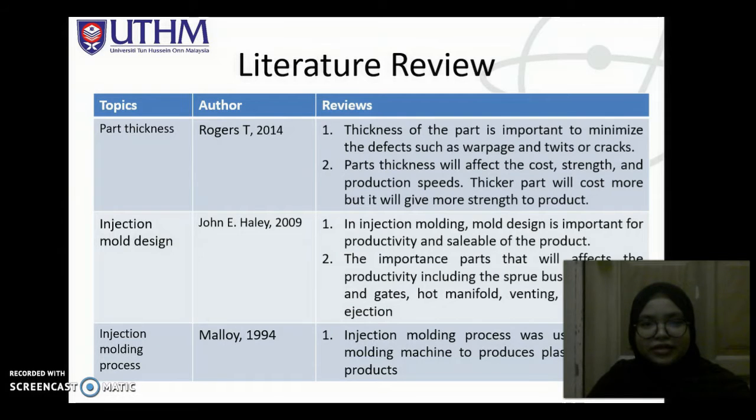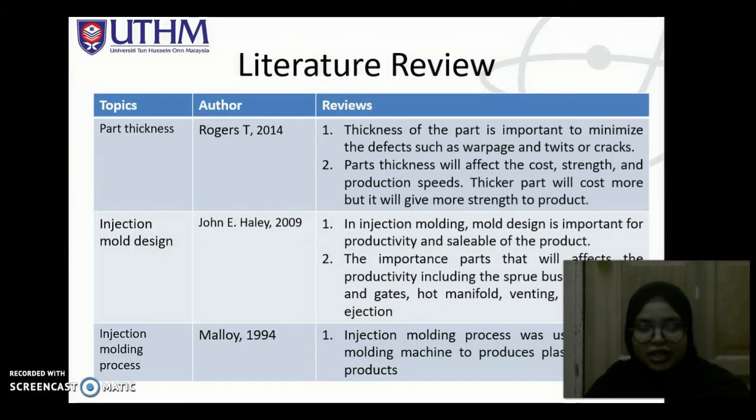I would like to present the literature review in this study. Firstly, the literature review has been made from the topic of pipe thickness. The Journal of Pipe Thickness was written by Roger T. in 2014.